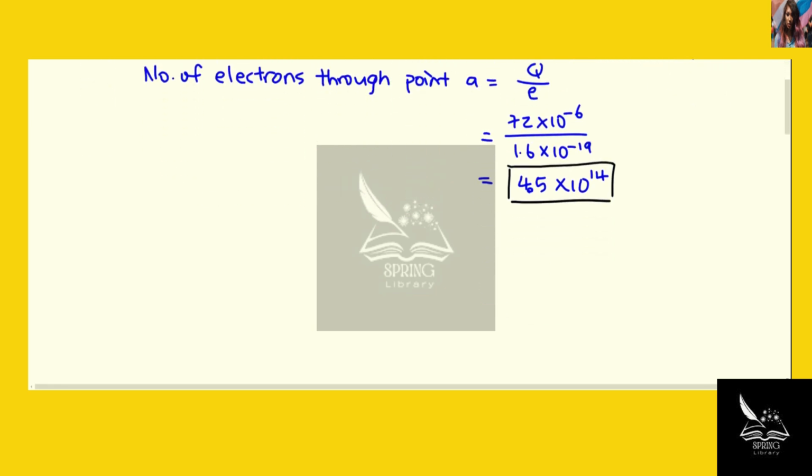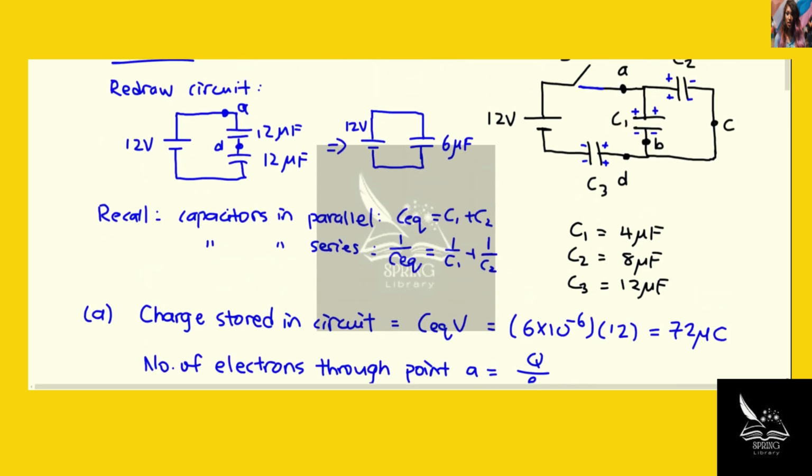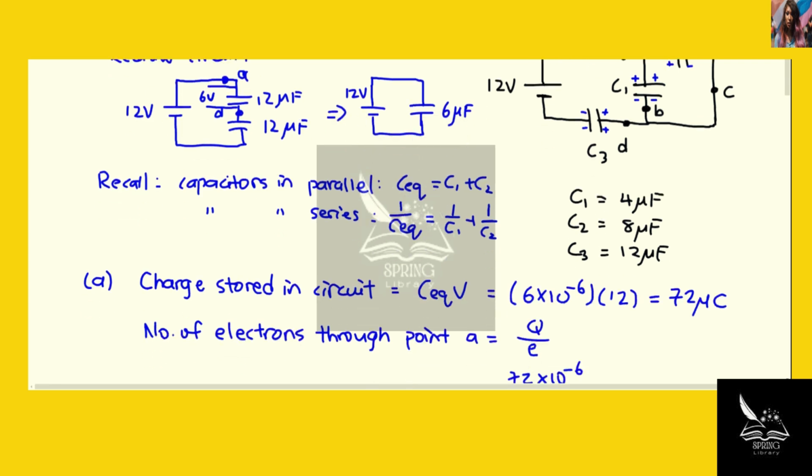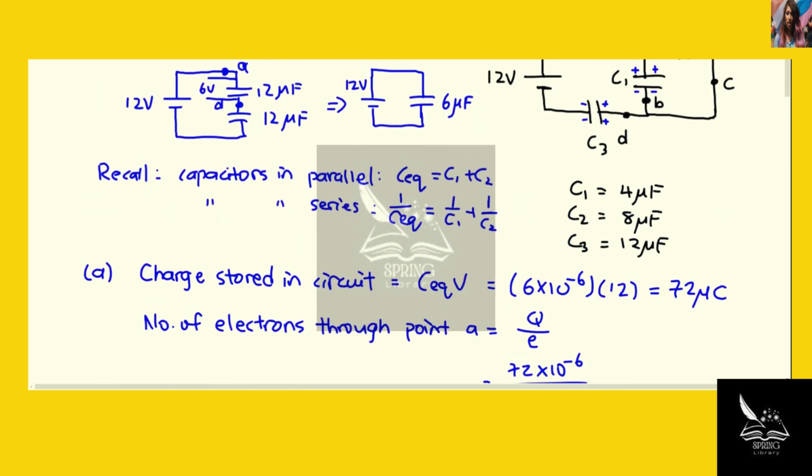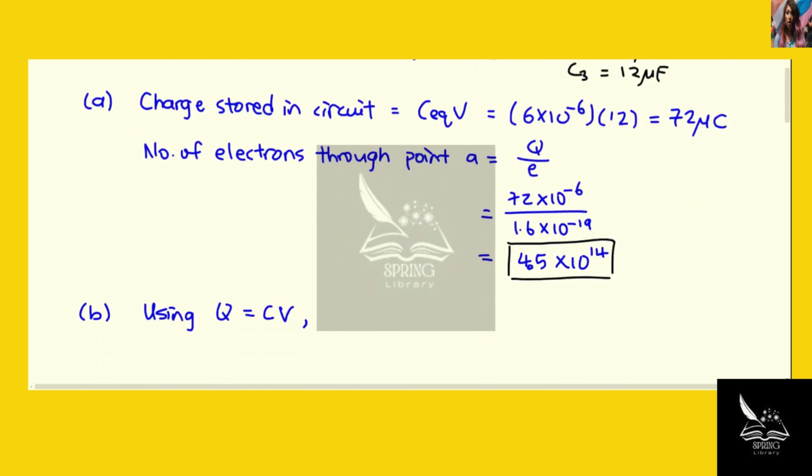Then points B and C. One thing we know is that the voltage across this capacitor is 6 volts. So Q1 will be C1 times 6 volts, Q2 will be C2 times 6 volts, because Q equals CV. V1 equals V2 equals 6 volts.